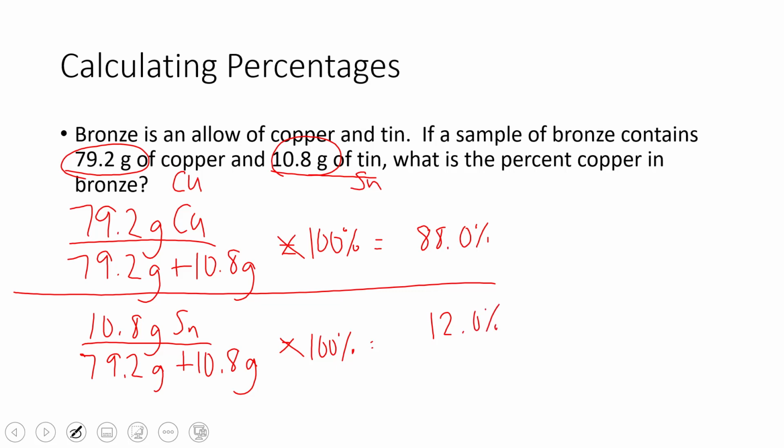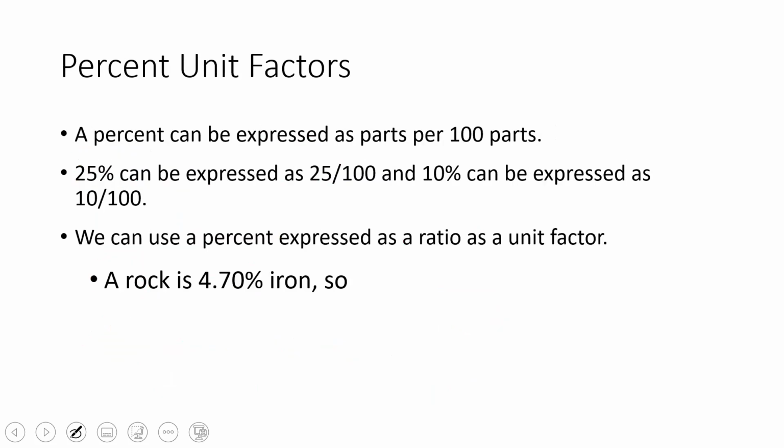So we could also look at both of these numbers, and if we added them up together, notice that we would get 100% for the both of them. So a percent can then be expressed as parts per 100. So if I said I ate 25% of this pizza, I could also say, well, I ate 25 out of 100 parts of that pizza.